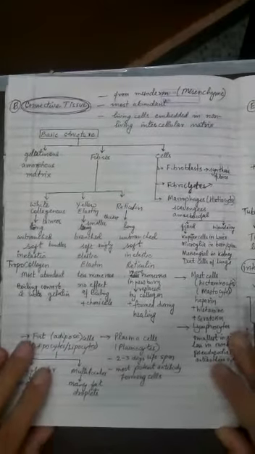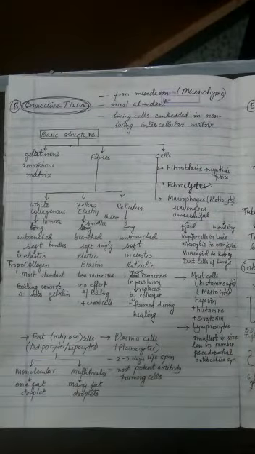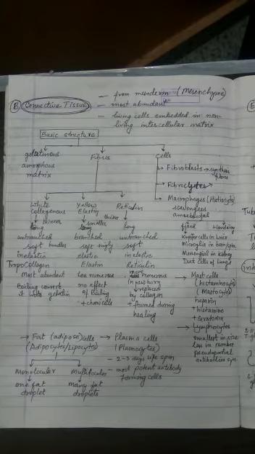Now today we are going to start with the next topic, and that is the connective tissue. Connective tissue is the second type of tissue found in the vertebrates, and we need to remember that it develops from mesoderm. All those tissues which come under the heading of connective tissue develop from mesoderm.